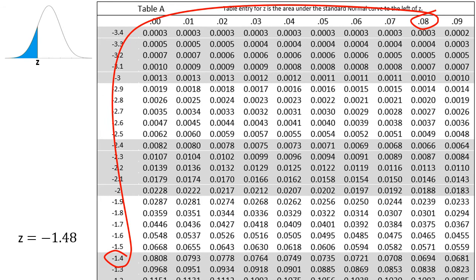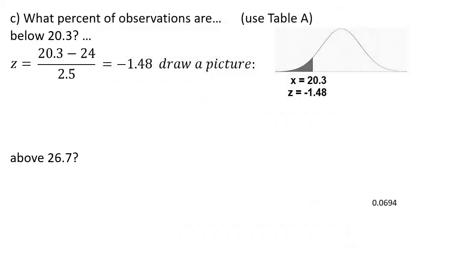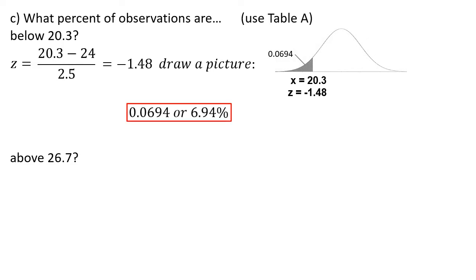So I go down and across, and that is the area that corresponds to a z-score. The area to the left underneath the standard normal curve of a z-score of negative 1.48 is about 7%, 0.0694. That's the little area to the left of our z-score of negative 1.48.